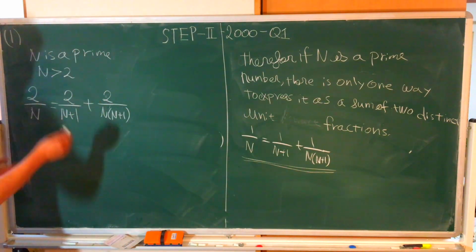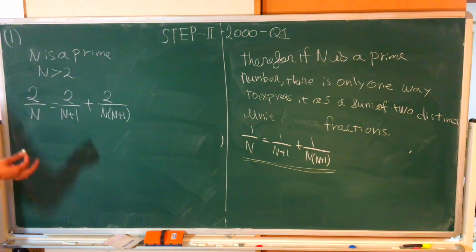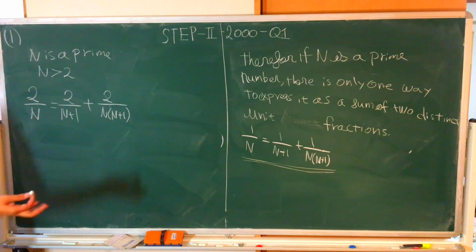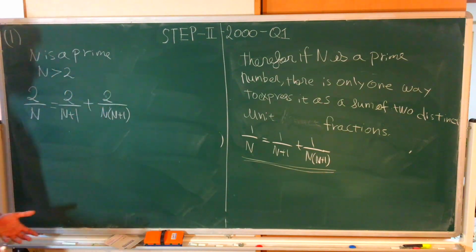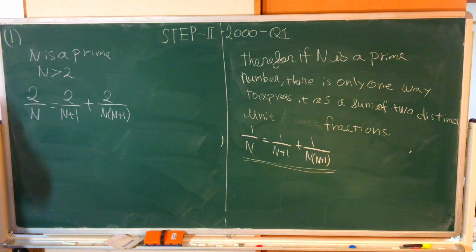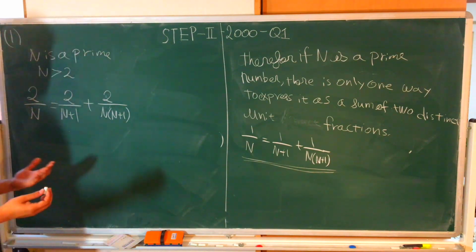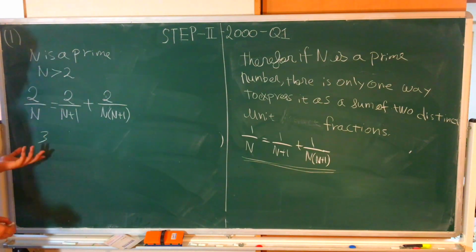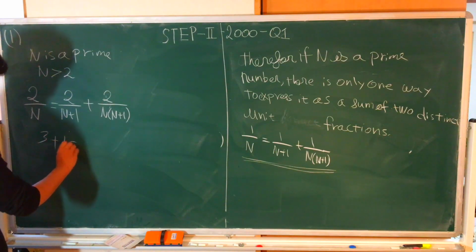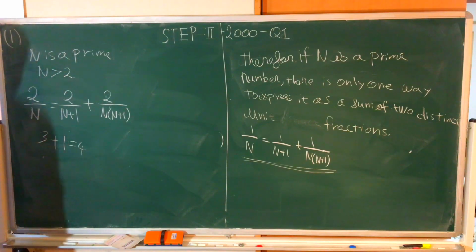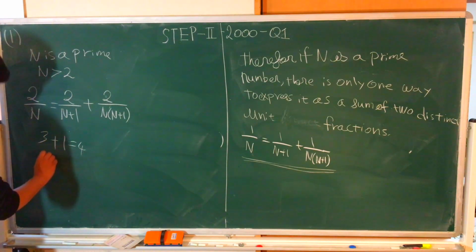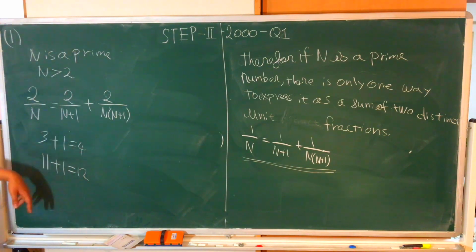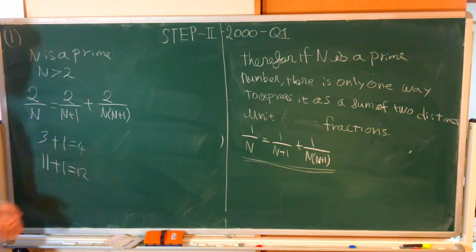And you clearly see that if n is a prime number larger than 2, okay, 2 is the only prime number which is even. So any prime number which is larger than 2 is an odd number. And an odd number plus 1, the number 1 above the odd number, is even. Let's say, for example, take 3, which is a prime, plus 1 equals 4. Take 11, 11 plus 1 equals 12. So any odd number plus 1 is going to be even.